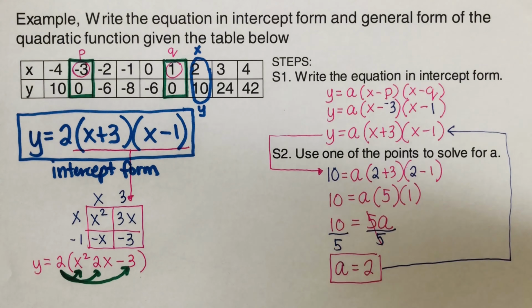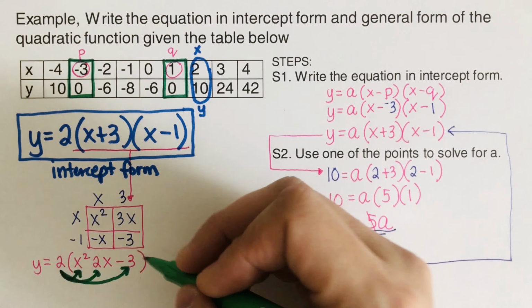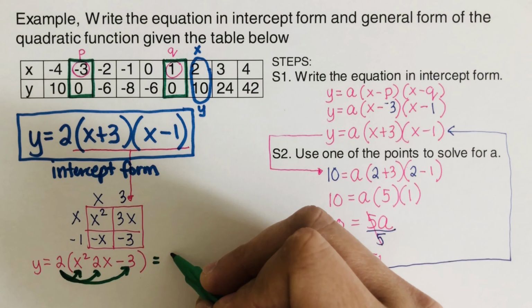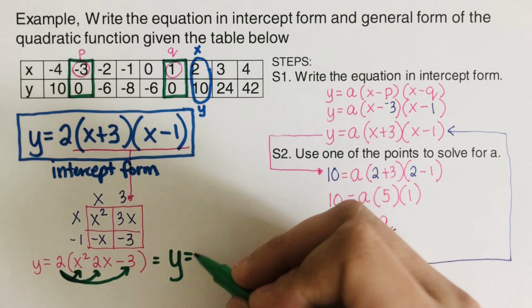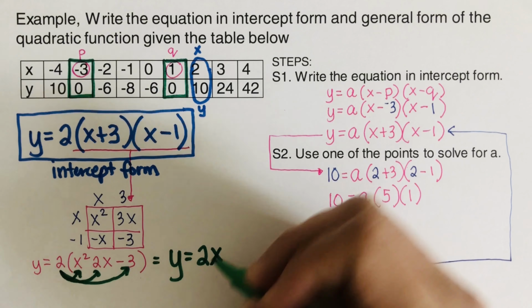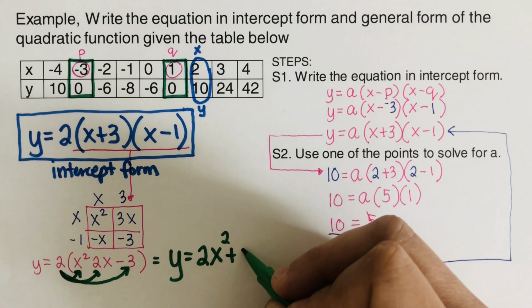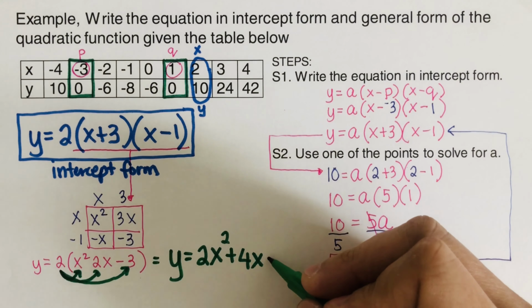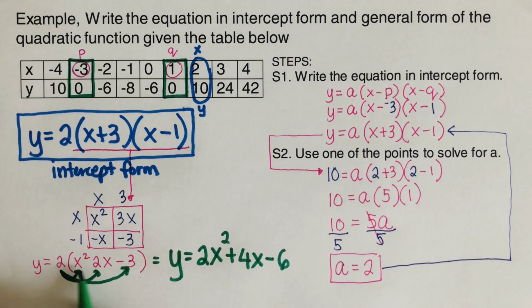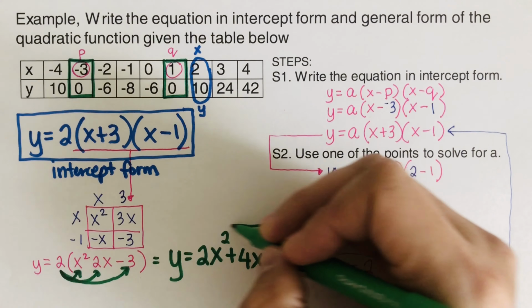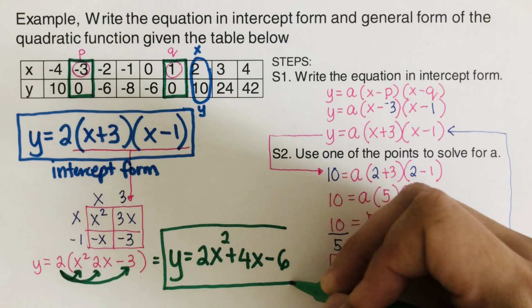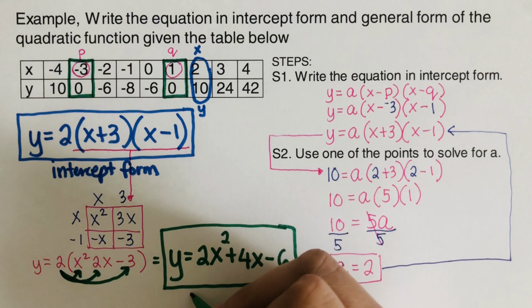So our equation, which is going to be the general form, would be y equals 2x squared plus 4x minus 6, because I distributed it to each term inside the parentheses. And this is our general form.